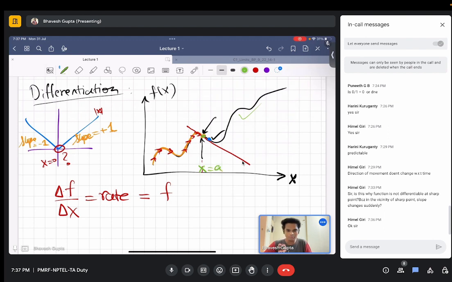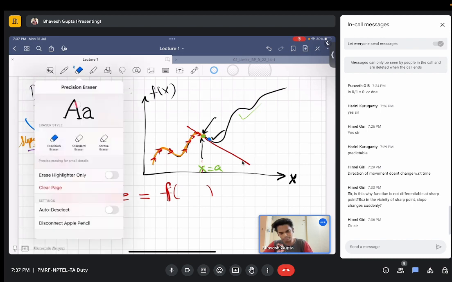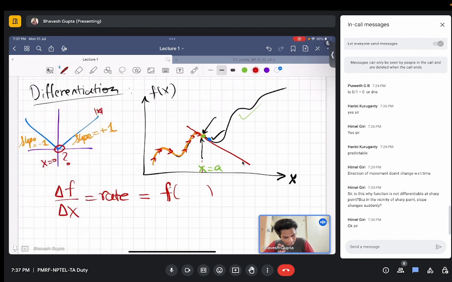Let's say I know this x equal to a point. So we can write this as f of a plus h minus f of a, over h.